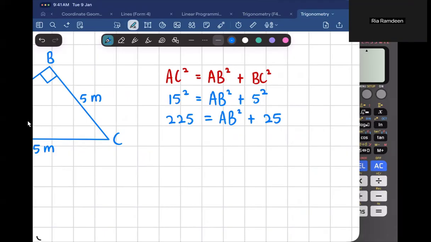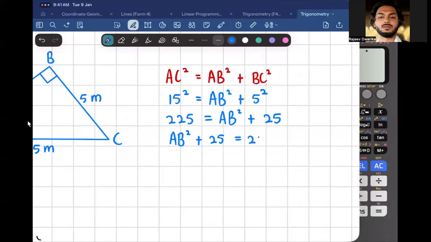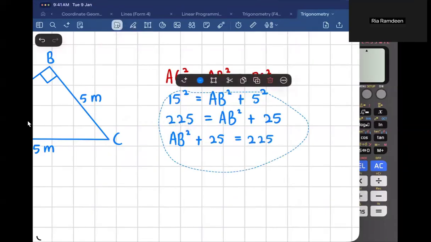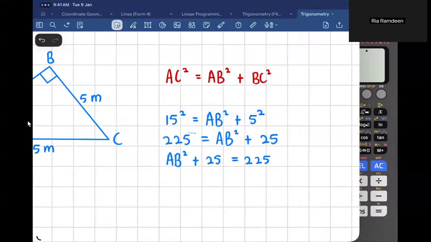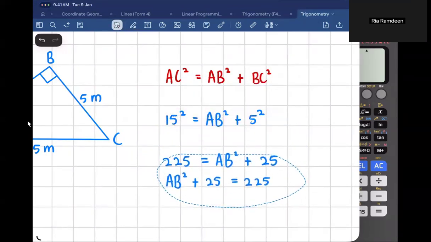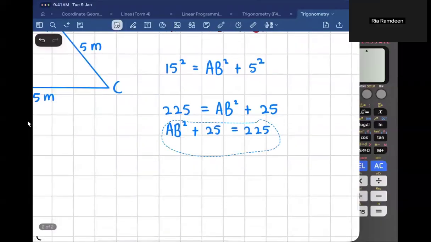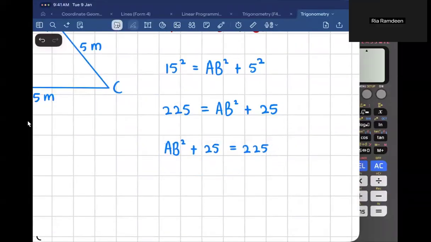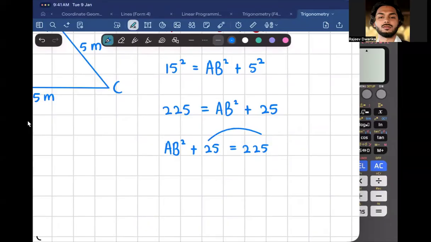If I flip it, I end up with AB squared plus 25 equals 225. What next? You could move the 25 across. So it'll be AB squared equals 225 minus 25, which would be AB squared equals 200.